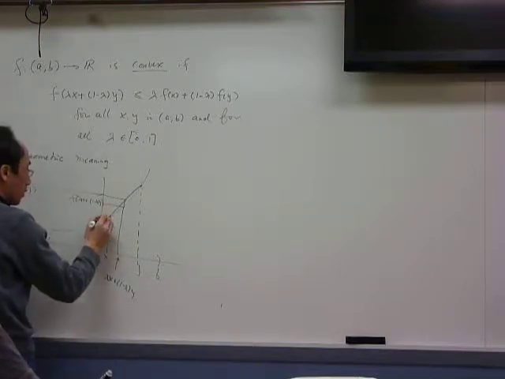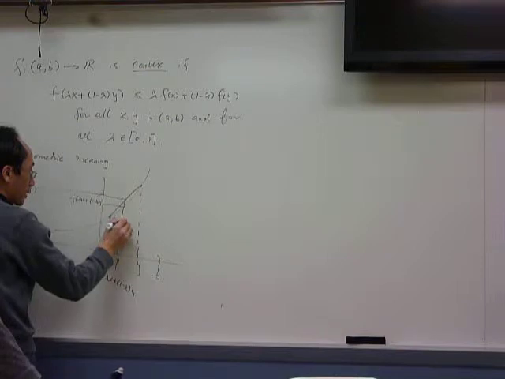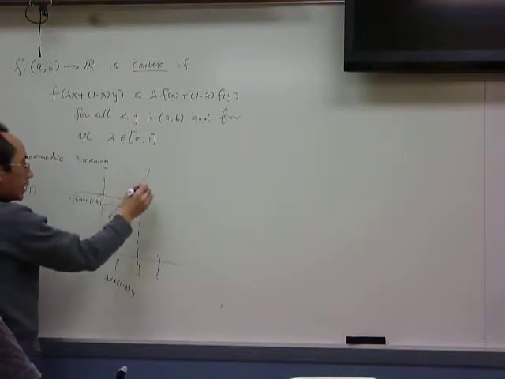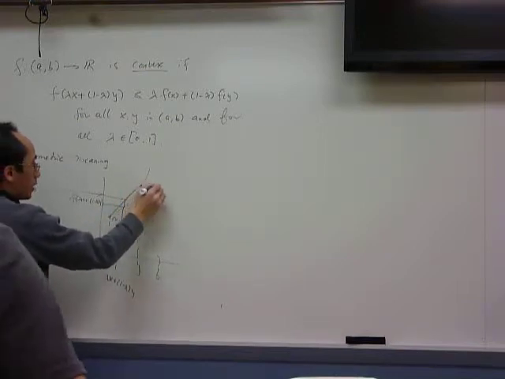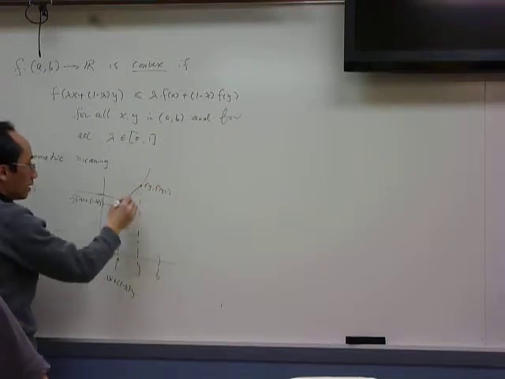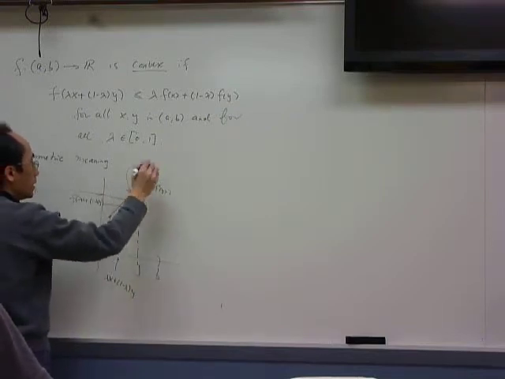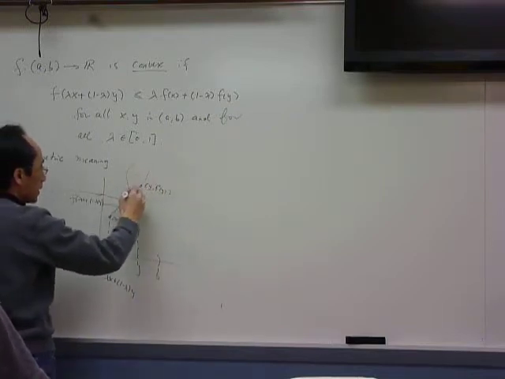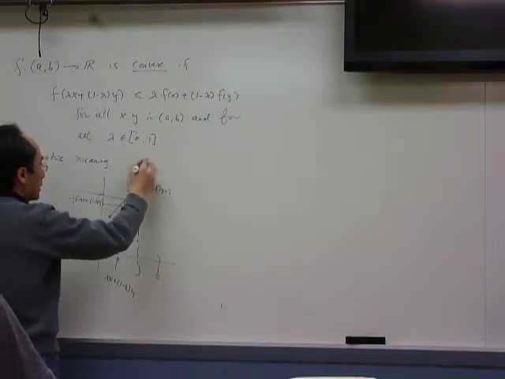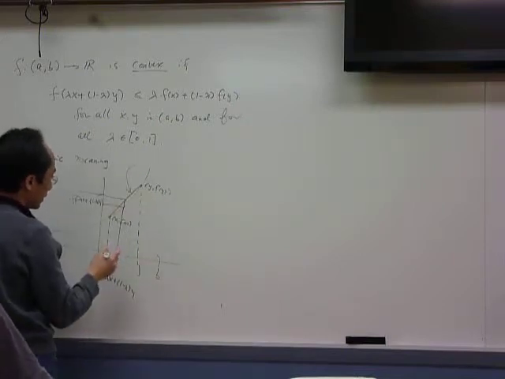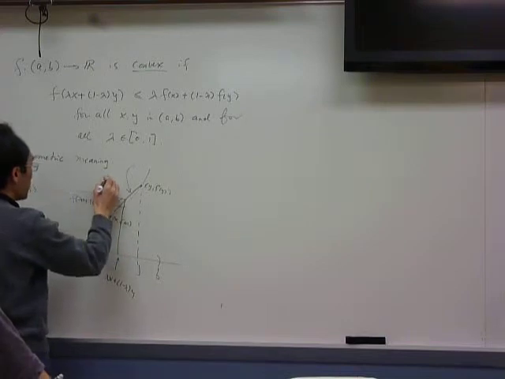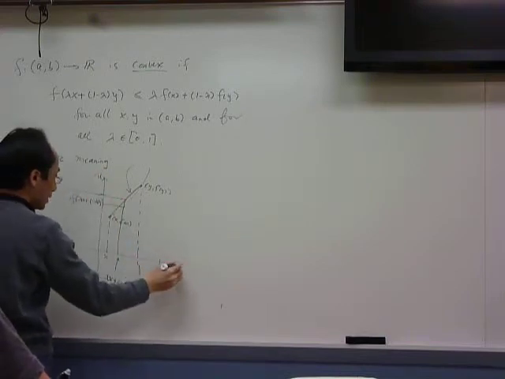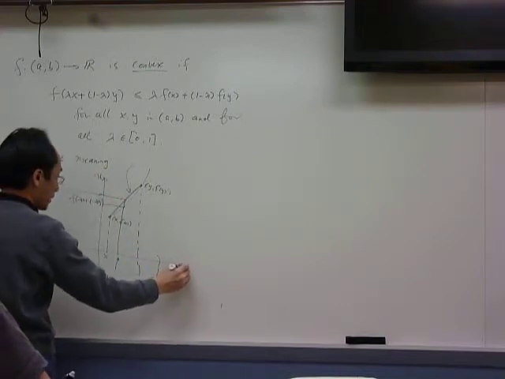Look at this point. The coordinate of this point is (x, f of x), right? And the coordinate of this point is (y, f of y), right? And this line has an equation that's, I can't use y, I use t, u, and this I use t, right?